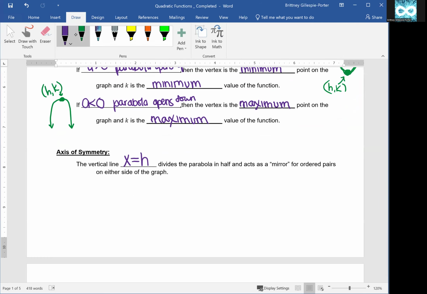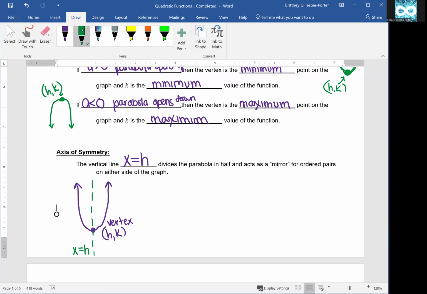So if I were to look at a parabola opening up, and we have my vertex (h, k), my axis of symmetry is going to be this vertical line that goes through the vertex at x equal to h.